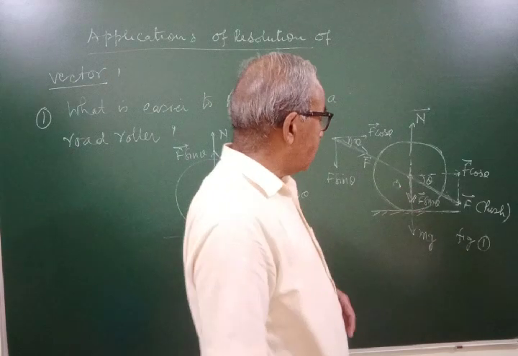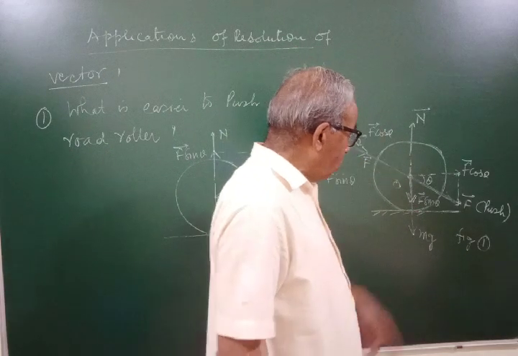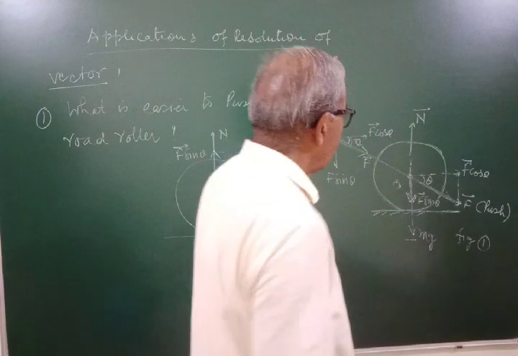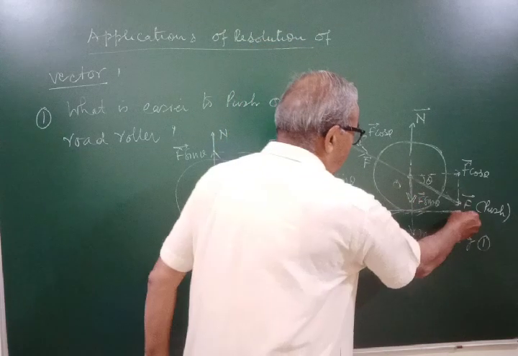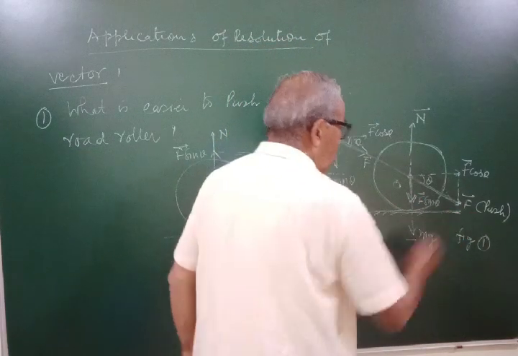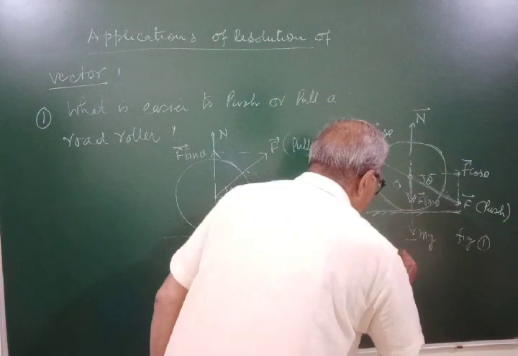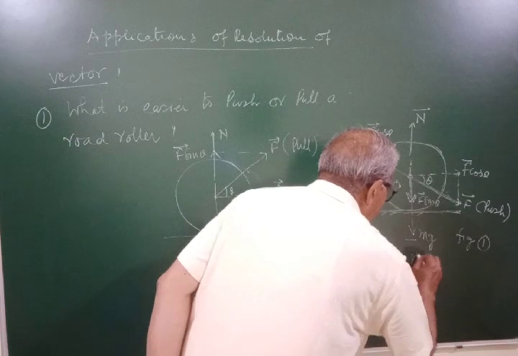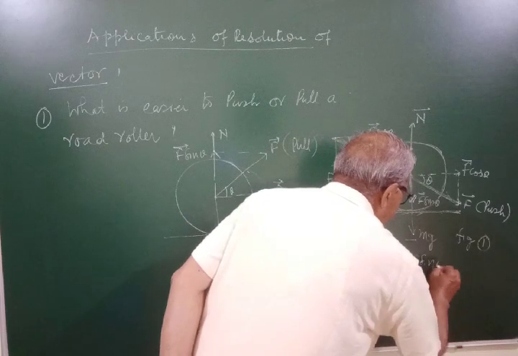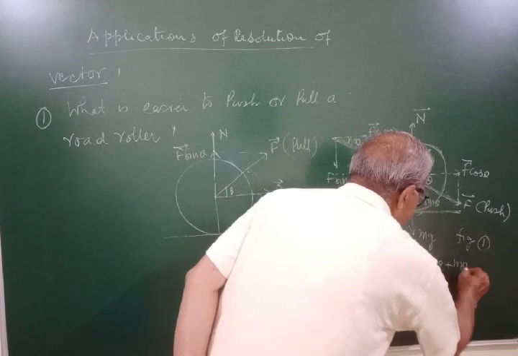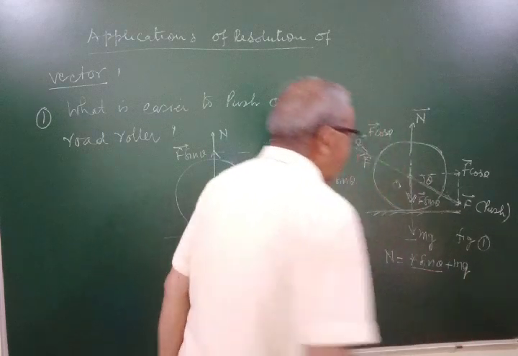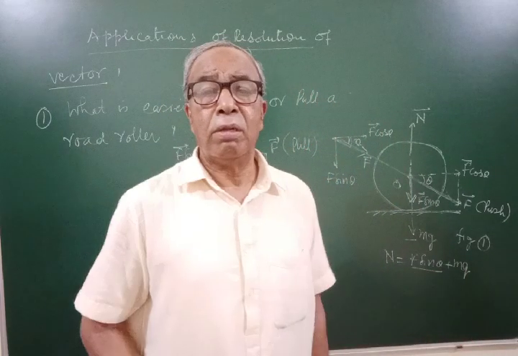Now F sin theta is directed vertically downward, along the weight. So the normal reaction of the floor, N, will have magnitude F sin theta plus mg, and this component has increased the weight.